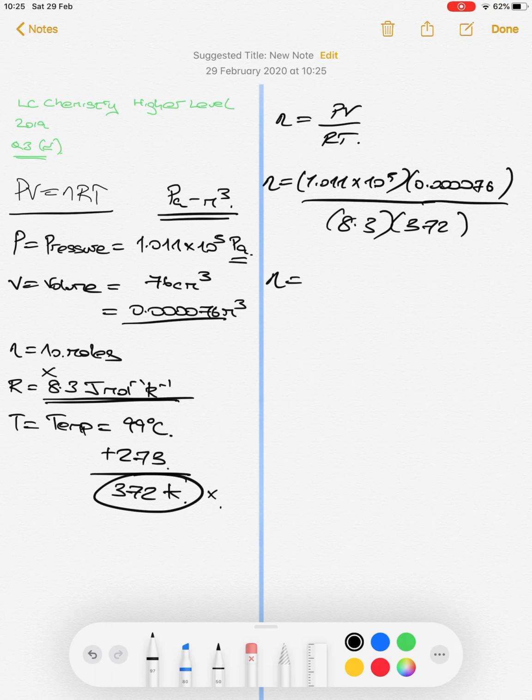Now, you can do that all in one go in your calculator, but what you probably should do is work out the top and bottom separately, because it's very, very simple to make a mistake when you're under pressure in an exam. So when I work out the top there, I get 7.6836, and when I work out the bottom, it's 8.3 multiplied by 372.